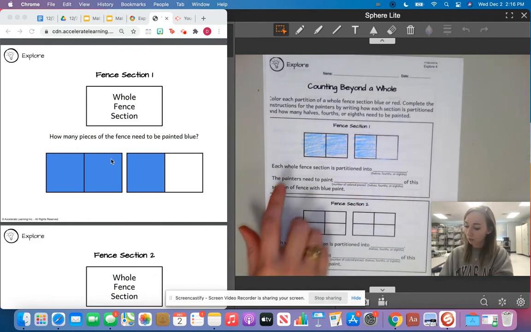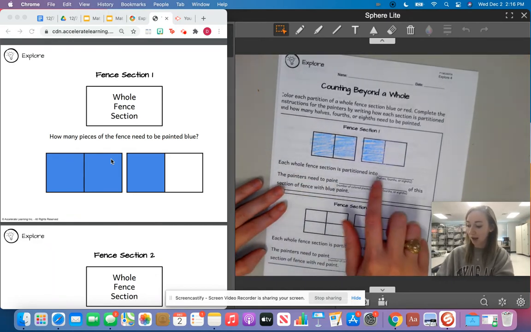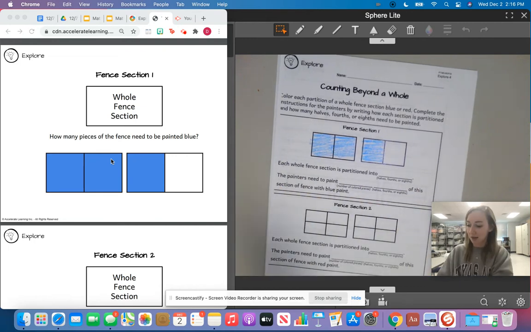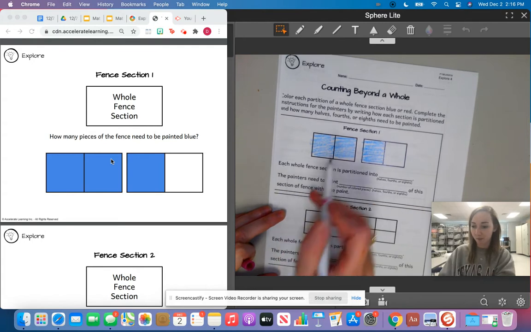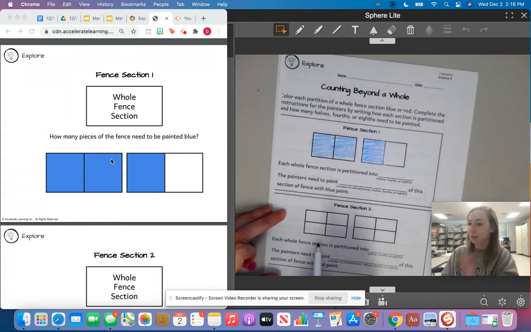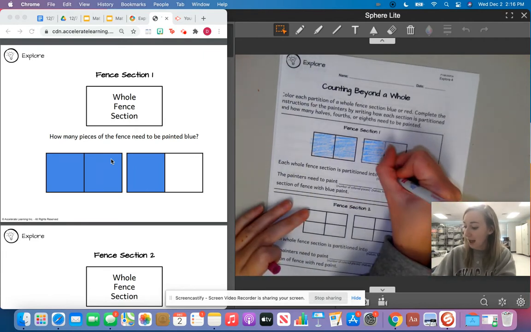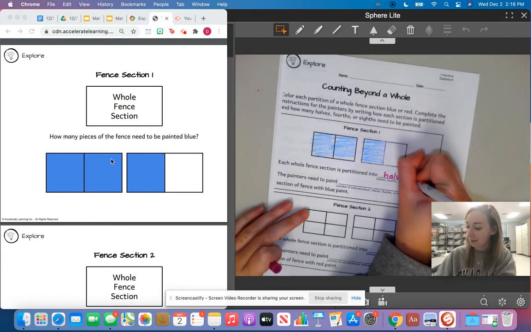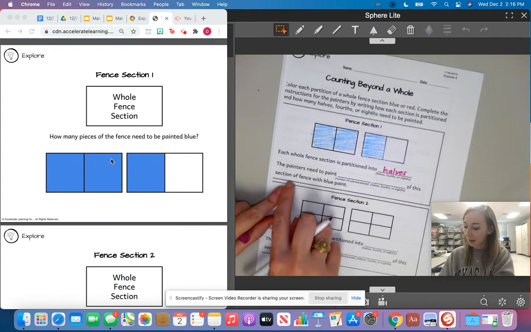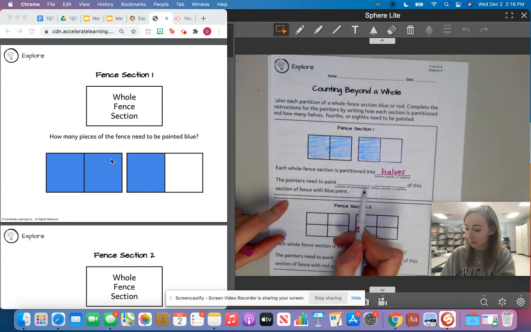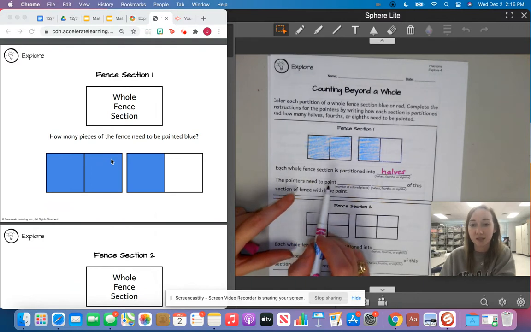So each whole fence section is partitioned into halves, fourths, or eighths. Well, what do you guys think? Is this section partitioned into halves, fourths, or eighths? What do y'all think? It is partitioned into halves. So I'm going to put halves right here. The painters need to paint the number of colored pieces. What is the number of colored pieces that they need to paint?